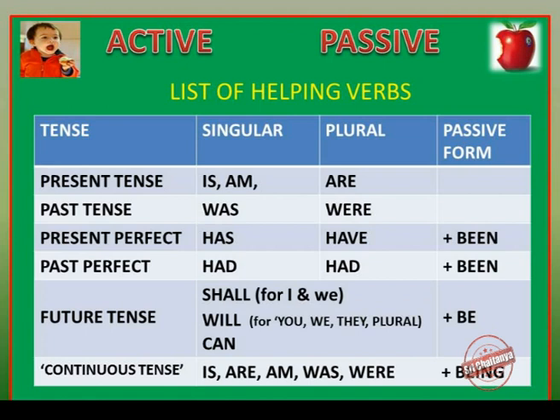In the passive form, we also have to add been. Past perfect: had plus been. Future tenses: shall, will, can plus be. Continuous tense: is, are, am in the present tense, was, were in past continuous. Along with these, we have to add being in the passive form.